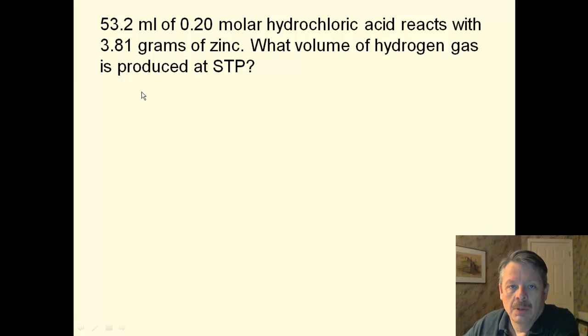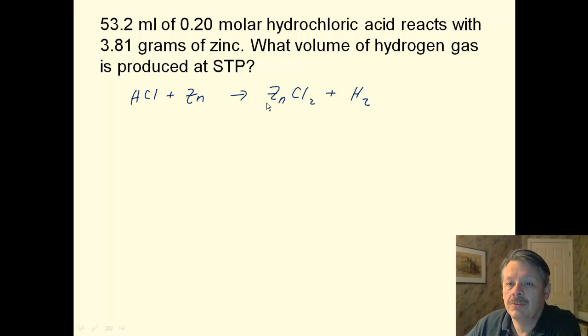All right, well, let's come up with a balanced chemical equation. We have hydrochloric acid, which is HCl, and it's reacting with zinc, and obviously that's a single replacement reaction, producing zinc chloride plus hydrogen gas. That means I needed 2 there to balance it. Did you get that far? Now we're trying to figure out the volume of hydrogen gas.